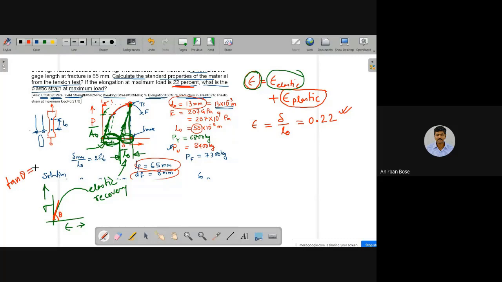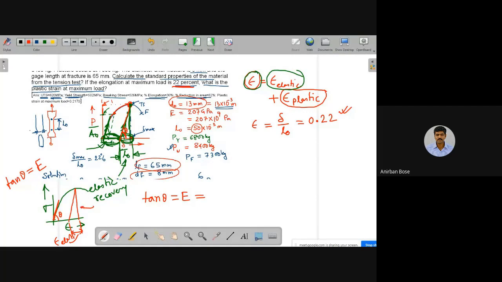So this tan theta, you know, is nothing but the modulus of elasticity, because this line will be parallel to the initial straight line portion. So this quantity will be what? Since now we are considering the stress strain diagram, this is corresponding to the elastic strain. So epsilon elastic.